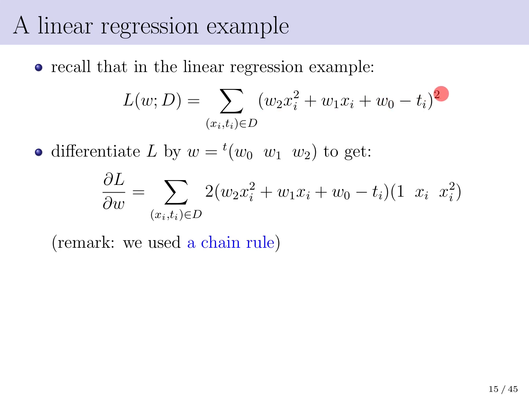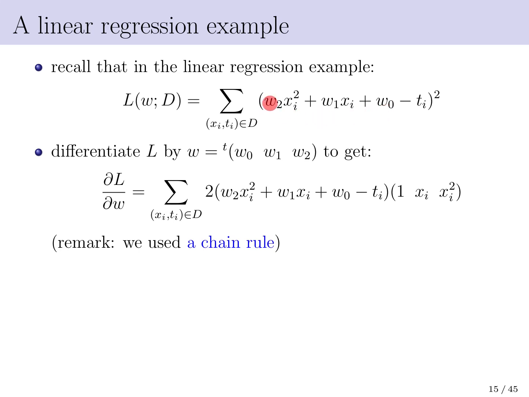Because this is a composite function, you apply something called the chain rule. It is the square of some complex function, so you first get 2 times whatever this complex function is right here.